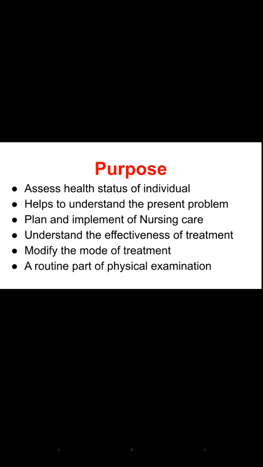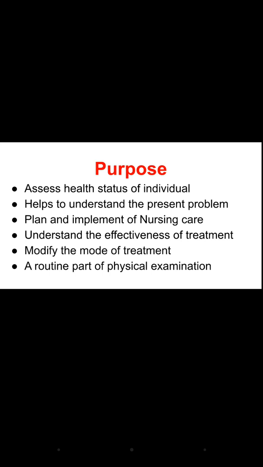Third, plan and implement the nursing care. The nurse's role is very important in assessing these vital signs, right? Because of the assessment of these vital signs only, we are planning the nursing care and then implementing it.